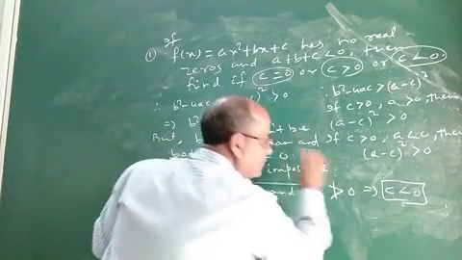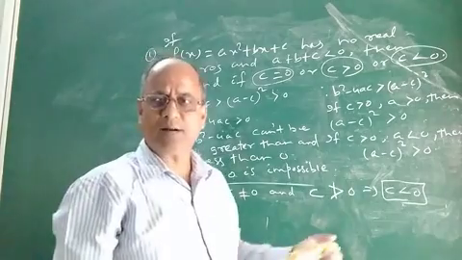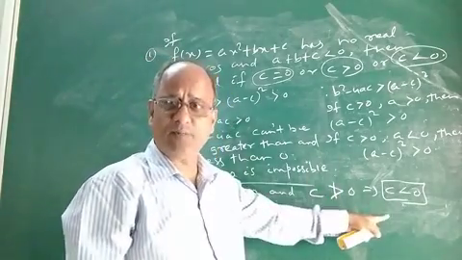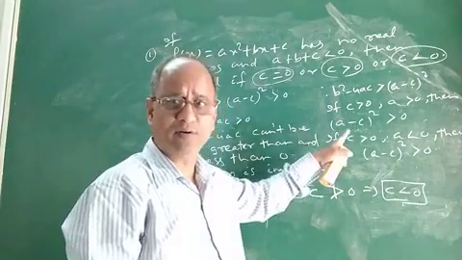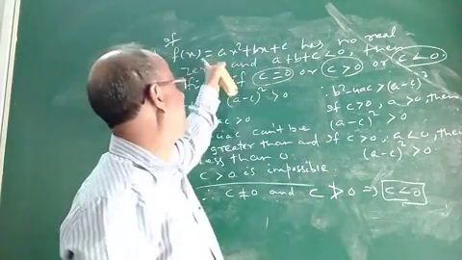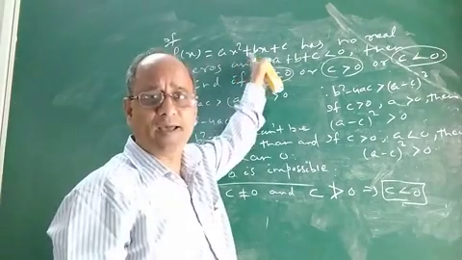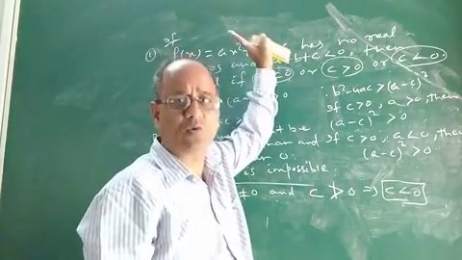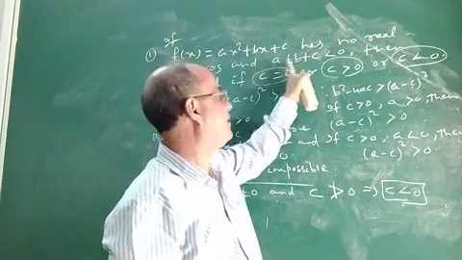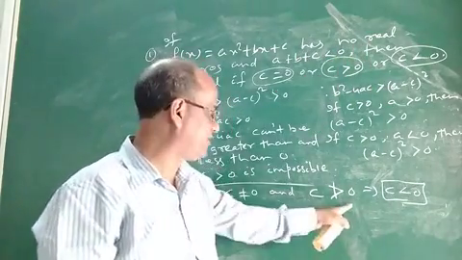So this is the explanation. This is the reason why c will be less than 0 if the quadratic polynomial f of x defined by ax square plus bx plus c has no real zeros and a plus b plus c is less than 0.